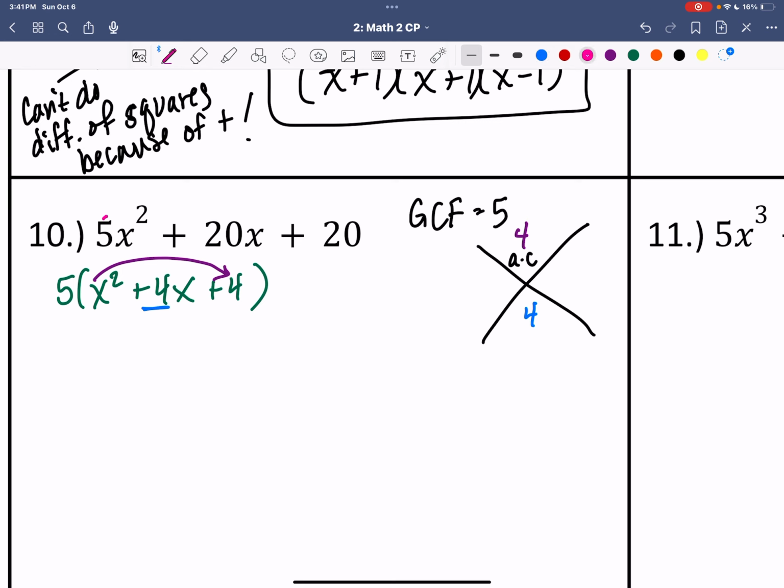So 4 here is from here times here. And then now you want to figure out what can I break this into to where you get both. So in this case, I can actually break it into 2 and 2. So I'm going to break this guy into 2x, and then here to 2x, and then bring the rest down.